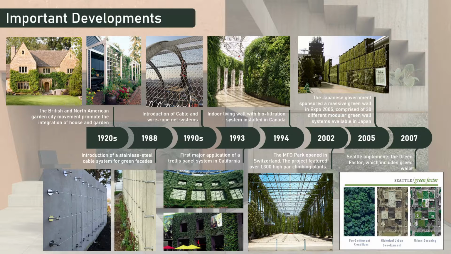It was implemented by the government in Seattle. This type of rule is a score-based code that requires increasing the amount and improving the quality of landscaping in new development. So landscaping plays an important role in how new development looks and functions.